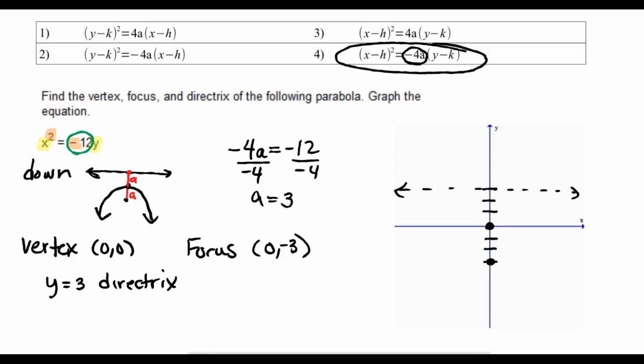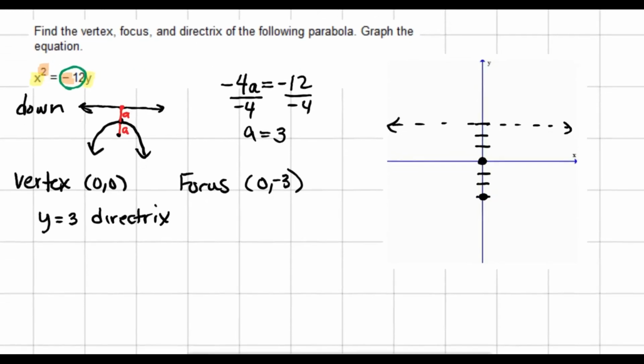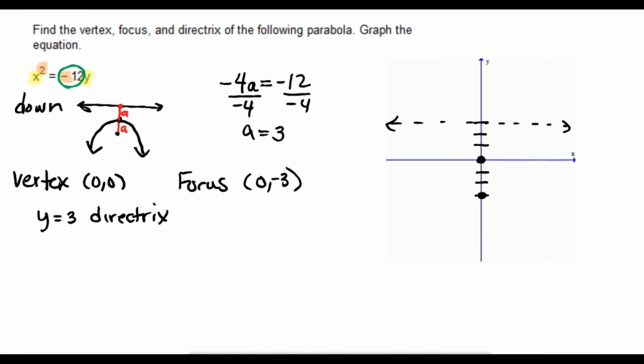Then finally, the last thing I want to do is to graph this parabola, and it's very helpful to graph the parabola by finding the latus rectum points. It gives you a feeling for how wide the parabola will be. So the latus rectum points are going to fall along the same line as your focus.